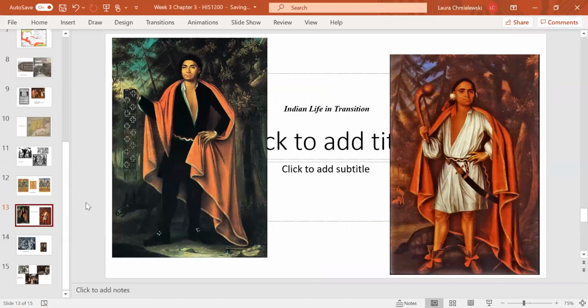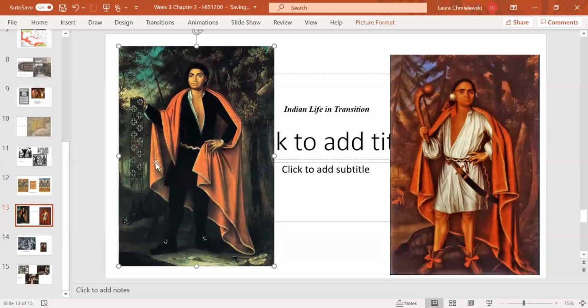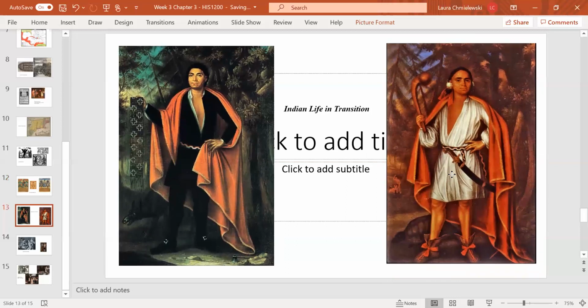Speaking of life in transition, they add the story of a transition in who's attracted to the English colonies. We're going to increasingly see people who are not English, who are coming from places like Germany, from the Protestant parts of France, and then a group called the Scots-Irish, which we'll talk about next week. But immigrant life isn't the only thing in transition.